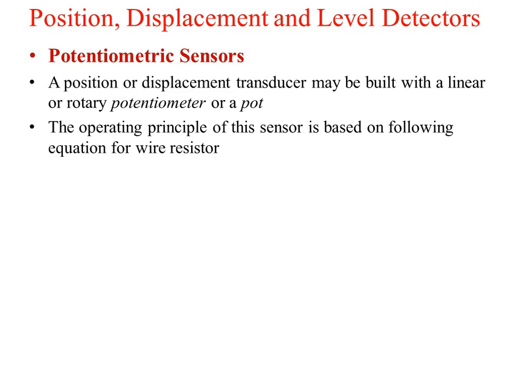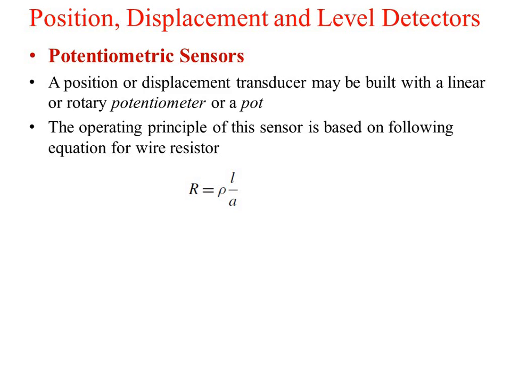The operating principle of this sensor is based on the following equation of the wire resistor. We have already studied this resistivity principle in previous chapters. We know that the resistance of any wire depends upon R = ρL/A, where ρ is the specific resistivity, L is the length of the conductor, and A is the cross sectional area of the conductor.